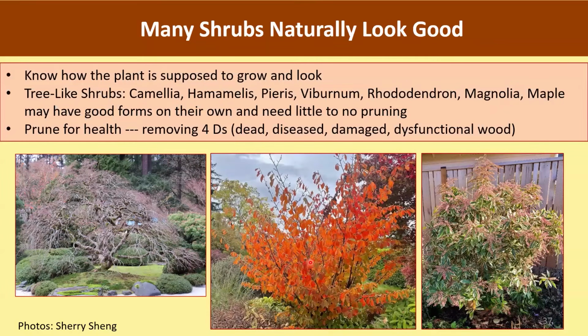So with these shrubs, what we should do is focus on the 4Ds, and that's dead, disease, damage, and dysfunctional stuff. Dead, disease, and damage, that's pretty self-explanatory. Dysfunctional refers to something that is just out of place. So in witch hazel, for example, you can have a branch that's just going the opposite direction of where it really should go in order to have a harmonious look, or something that has grown toward the center, rubbing against other branches that are more important.